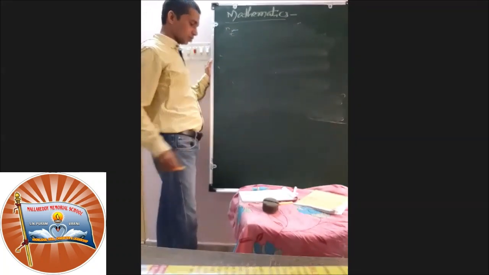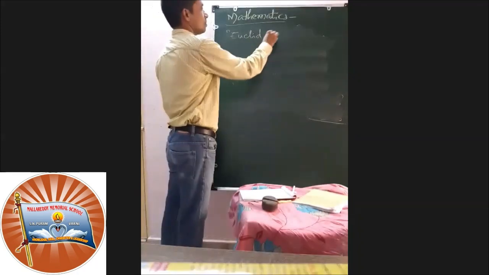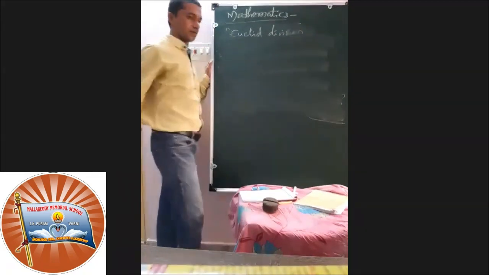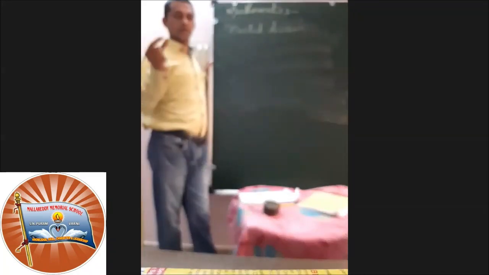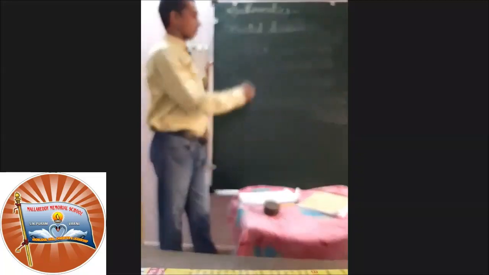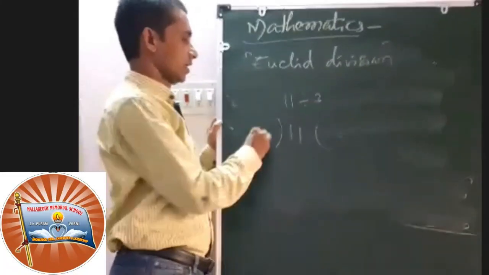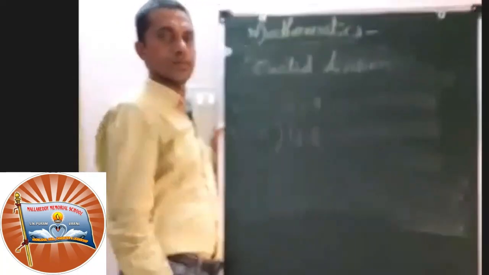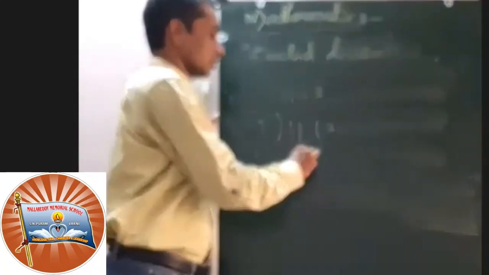You might have known the Euclid division algorithm. Now, if I explain this concept with your primary level basic division process: if you divide 11 by 3, 3 threes are 9, minus, you get 2. Here 3 is the divisor, 11 is the dividend, this is the quotient, and this is the remainder.